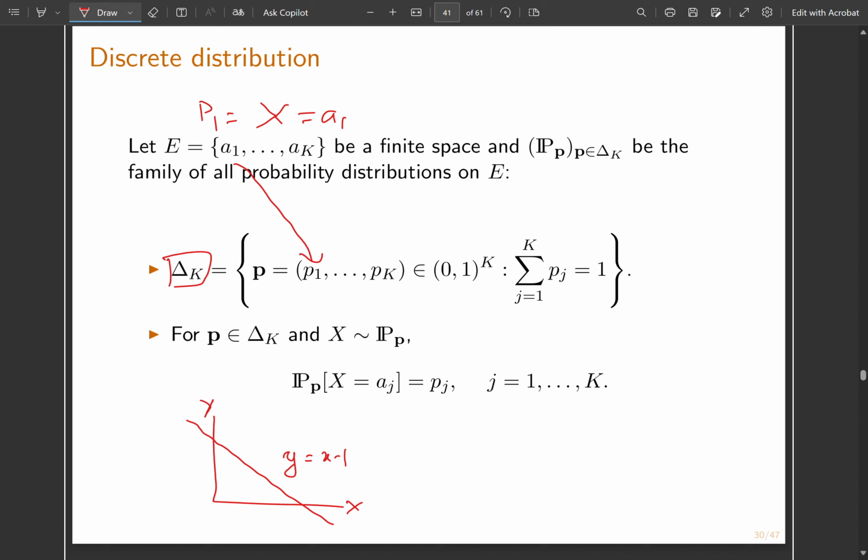And there are many possible vectors in each random sampling, and when you put together this set of vectors, we commonly call it a simplex of k. And so that's about it.